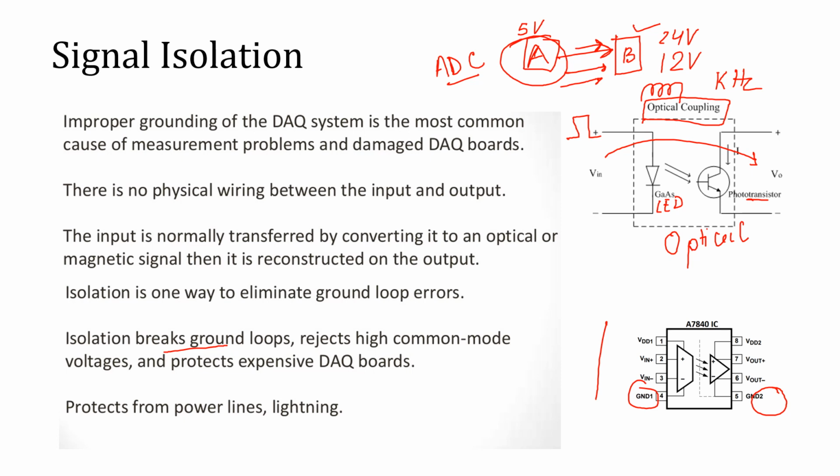We will discuss later what the advantages of having different grounds are, and there are sometimes cases when we need to combine the ground. So when we discuss grounding techniques, we will discuss when it is better to have different grounds and when it is good to have a common ground between A and B.